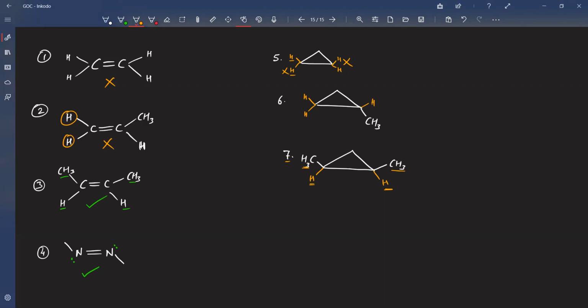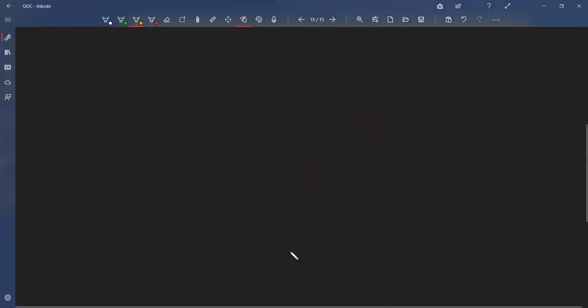We will have to have a nomenclature for them as well. It's not the name which is going to be different, it is the configuration which is going to be different. And that's why this is called configurational nomenclature.